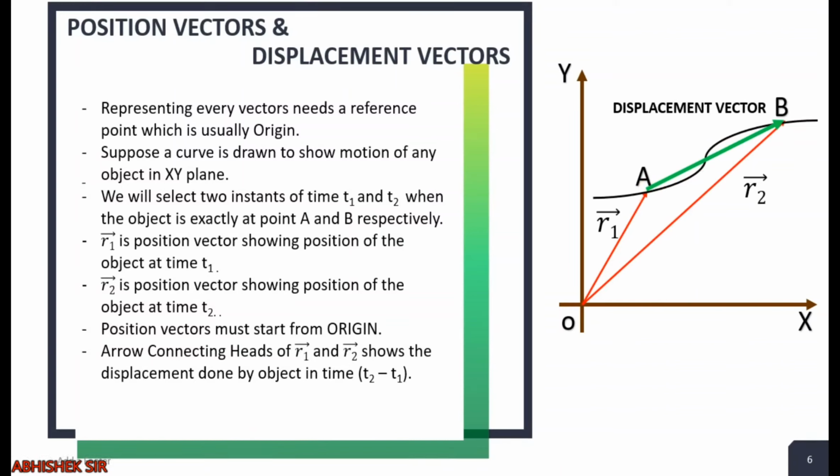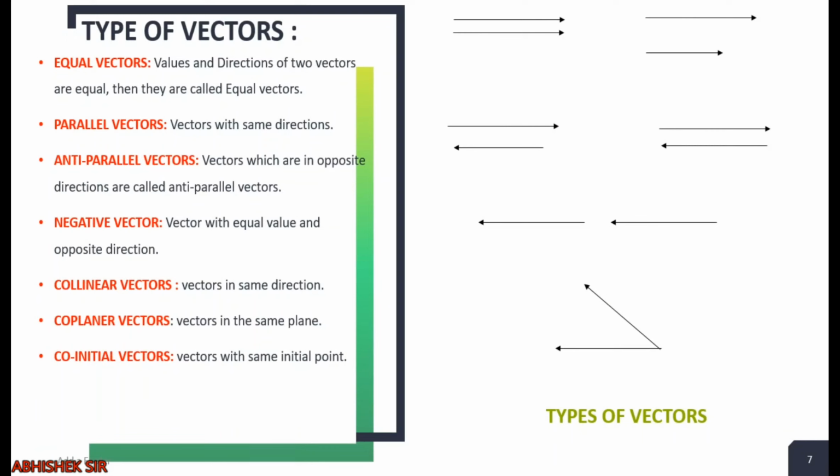And what was that shortest distance called? It was called the displacement. So this AB vector is nothing but displacement vector. Okay. So here position R1, R2, and the difference of position will be shown by displacement vector AB.